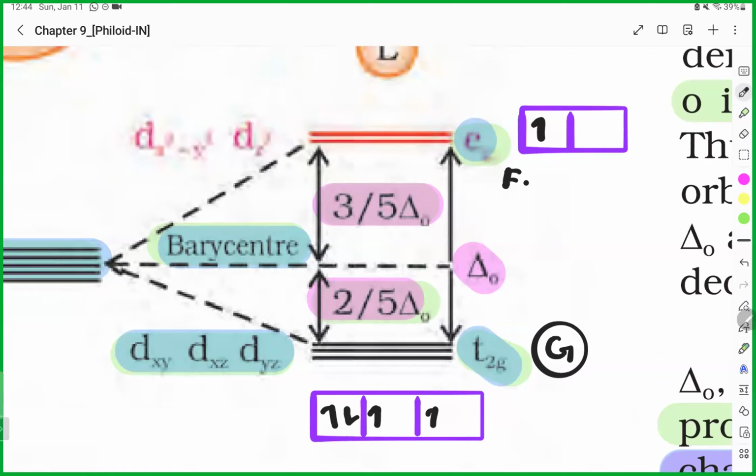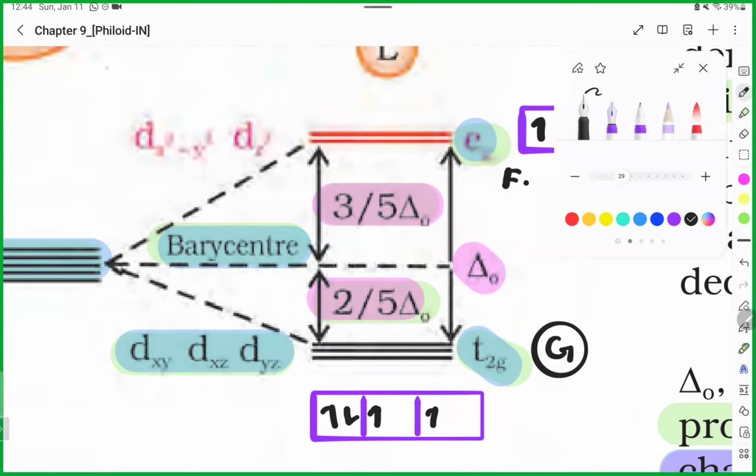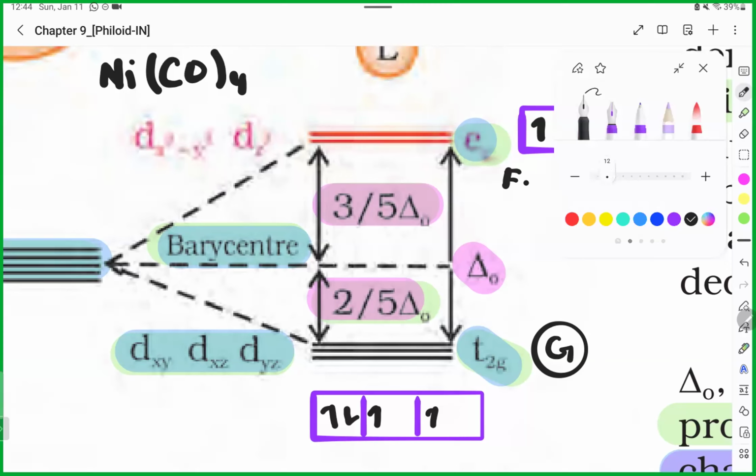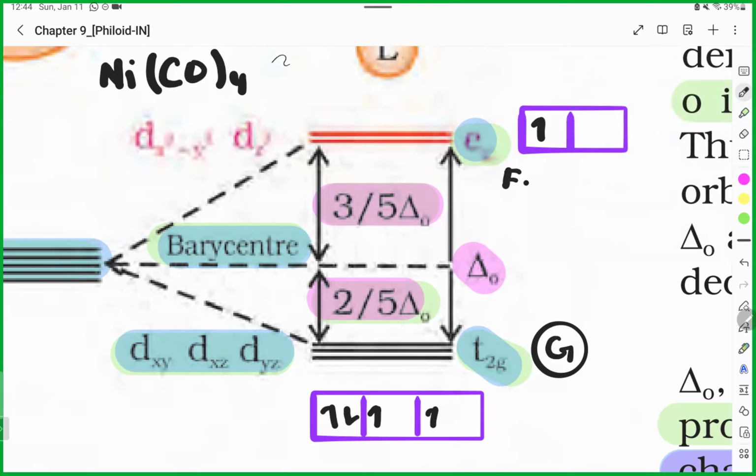Okay, so the differentiation part is where I'm getting confused. In other cases, for example, if you take nickel with four CO, it was 3d8 4s2, and this carbonyl was causing pairing of these two electrons, and it converts into 3d10, right?